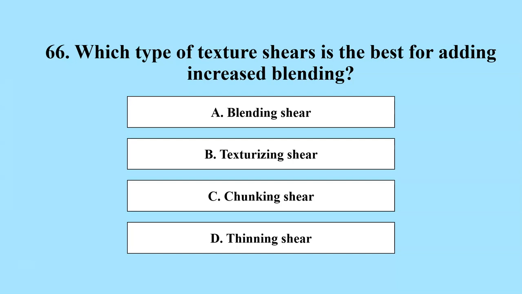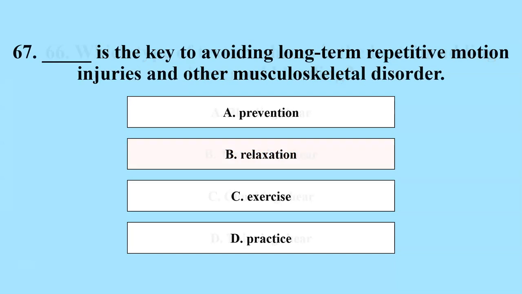Which type of texture shears is the best for adding increased blending? Blending shear, texturizing shear, chunking shear, thinning shear. If you chose B, texturizing shear, you are correct.